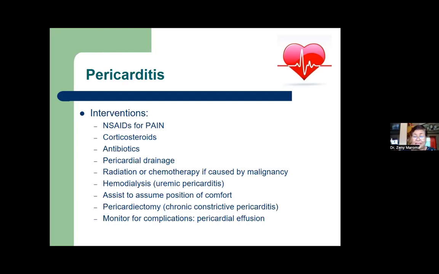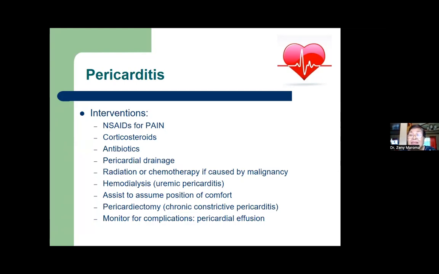Okay. If the cause is an autoimmune reaction, like our SLE, then we give corticosteroids, like prednisone, if the cause is autoimmune, like SLE. Antibiotics. Who do we give antibiotics to?